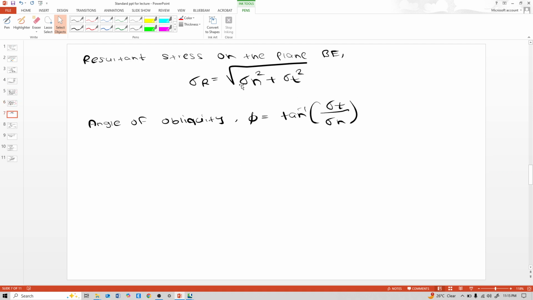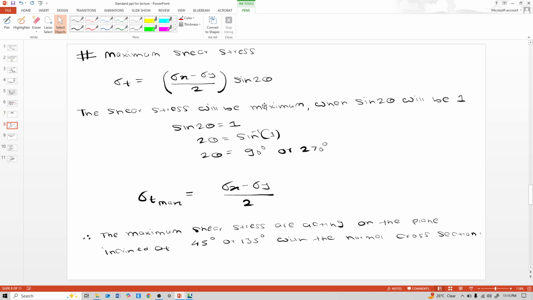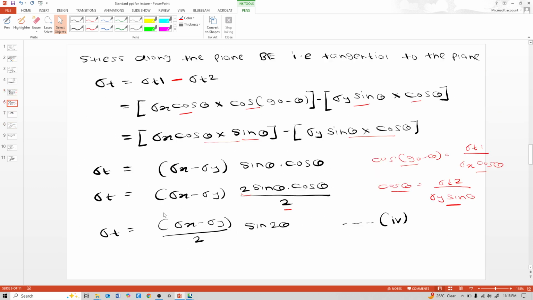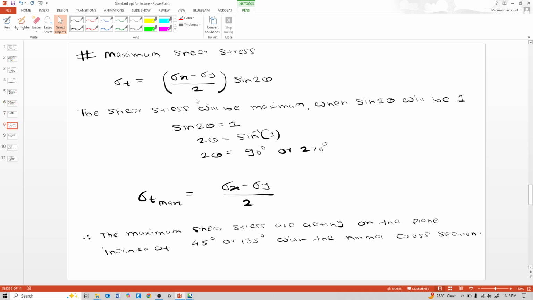Resultant stress on plane BE, sigma r, is equal to under root of sigma n square plus sigma t square, and angle of obliquity phi is equal to tan inverse of sigma t upon sigma n. So for maximum shear stress, our tangential stress is sigma t is equal to sigma x minus sigma y upon 2 into sin of 2 theta.